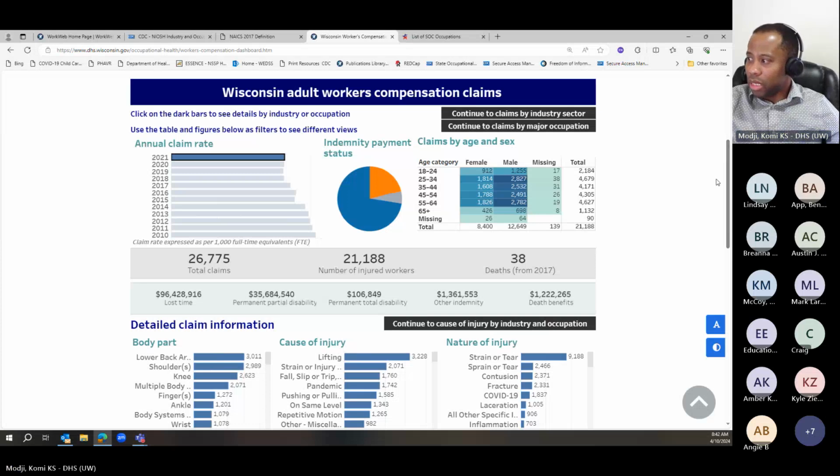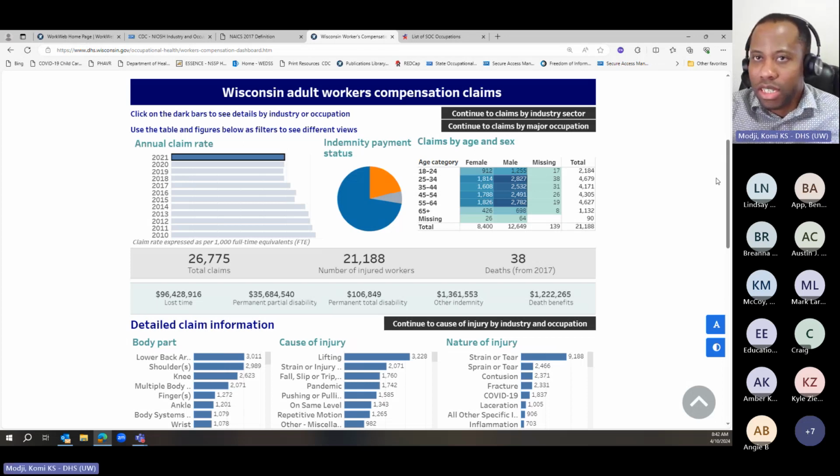To get started, the dashboard is fed by the workers' compensation data. Like it was said, these are claims that were reported to the Division of Workers' Compensation. An injured worker will file a claim to the insurance carrier, and the carrier has some scenarios. They can deny the claim outright and say this is not work related.